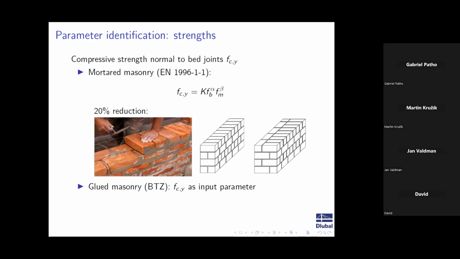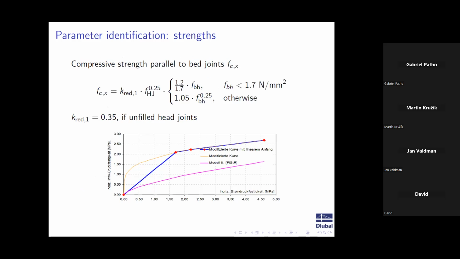So that's why, although in our database we have these compressive strengths, we recalculate them according to exactly this formula.